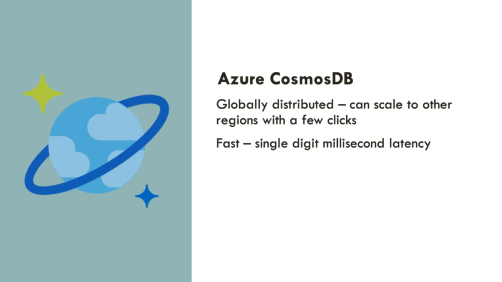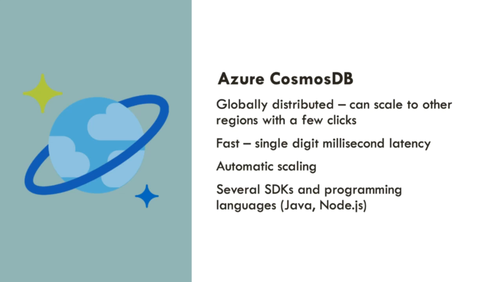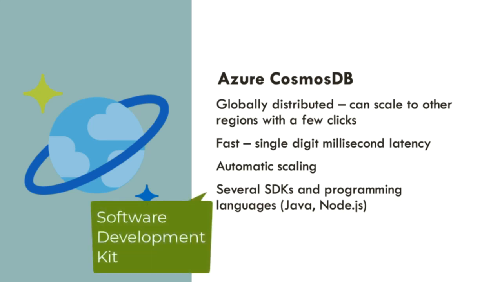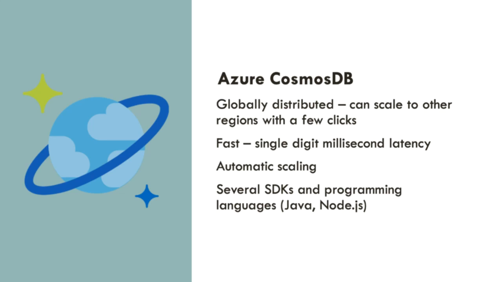Other capabilities with Azure Cosmos DB include automatic scaling and the ability to program and access data and write applications for the data that lives in Cosmos DB using several different programming languages and software development kits. Another acronym here, SDK. A software development kit presents a standard interface for development of applications for data that, in this case, lives in a Cosmos DB. So it's a very large, very fast, and very flexible database.